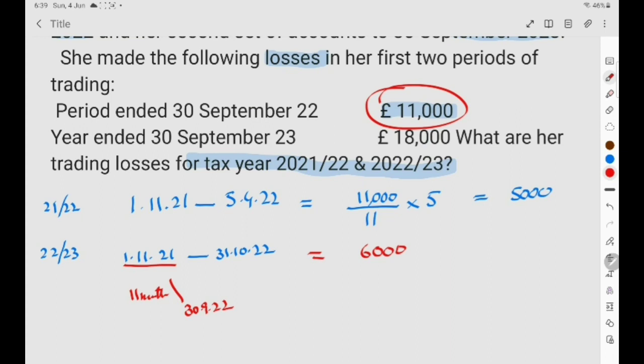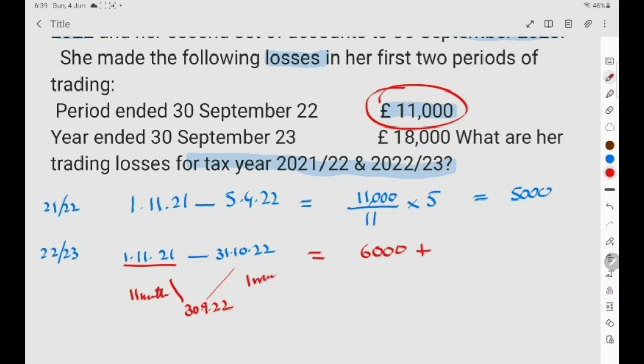Means this is a period from 1st November 21 to 30th September 22. The total loss is 11,000, but as out of this 5,000 of loss has been recognized in the previous year and the losses are not overlapped, so remaining 6,000 loss would be recorded there. Plus, we have to consider from 30th September 22 to 31st October 22. So this is a period of 1 month.